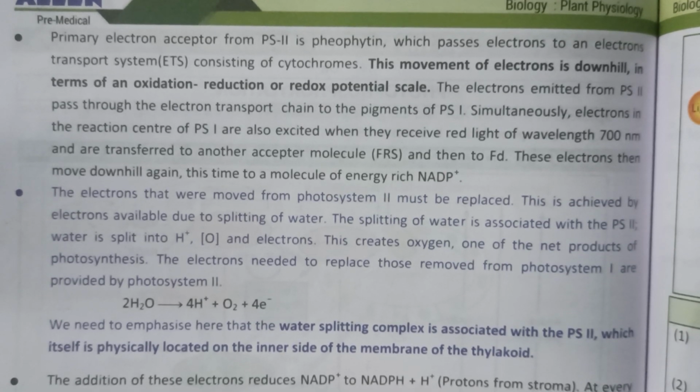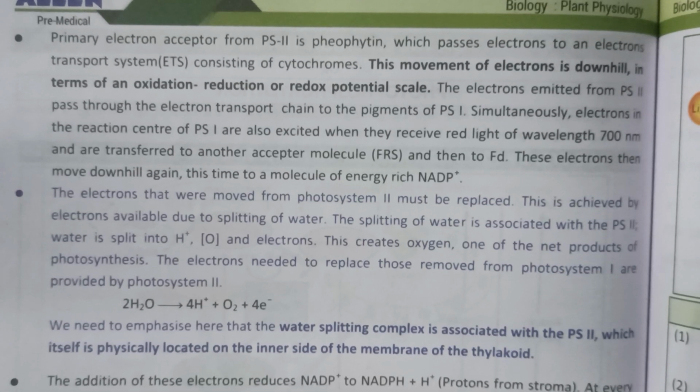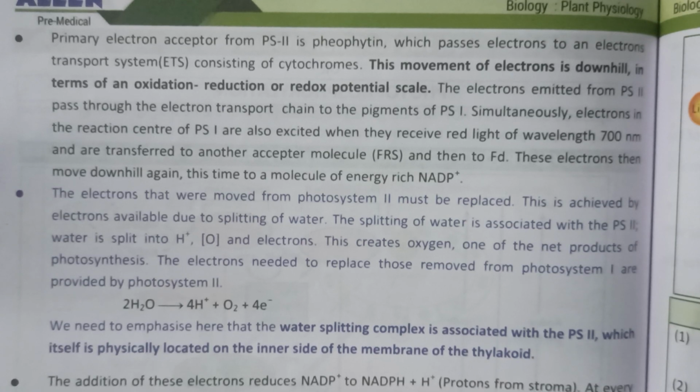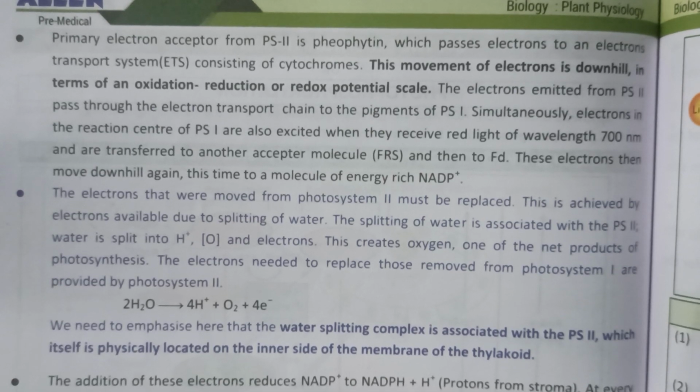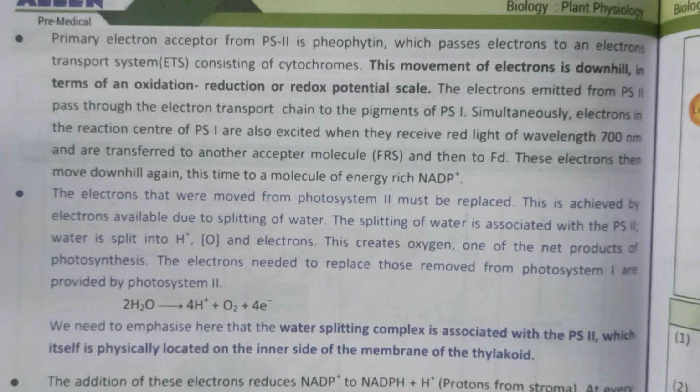Simultaneously, electrons in the reaction center of photosystem 1 are also excited when they receive red light of wavelength 700 nanometer and are passed to another acceptor molecule, that is FRS, and then to FD, and these electrons then move downhill, this time to a molecule of energy-rich NADP.